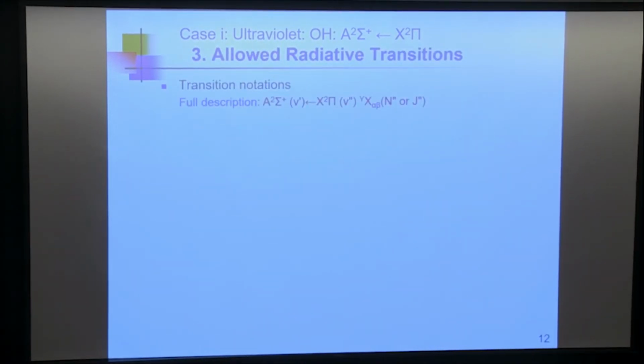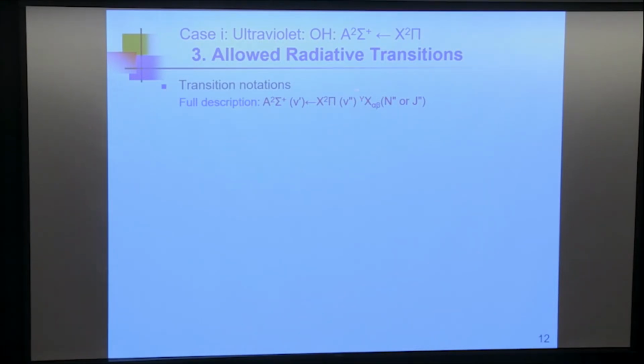Now, remember, we have this notation that I introduced for you. This is called the full description. This right here is the full descriptor of the transitions from a state to a state. In many cases it simplifies, but this is the full descriptor.